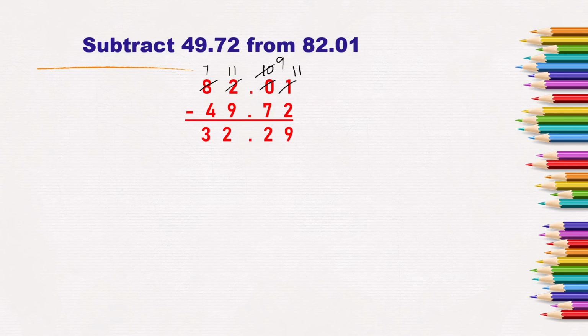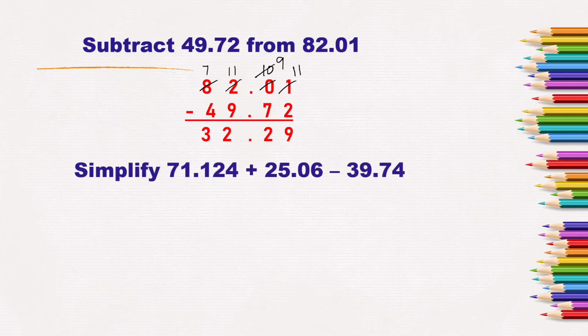Next example, simplify 71.124 plus 25.06 minus 39.74. If you observe here, in the first number there are 3 digits, second number 2 digits and in the third number 2 digits. So it is unlike decimal. We have to make it like decimals.